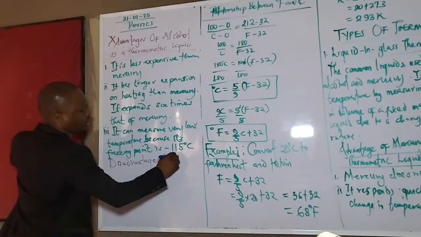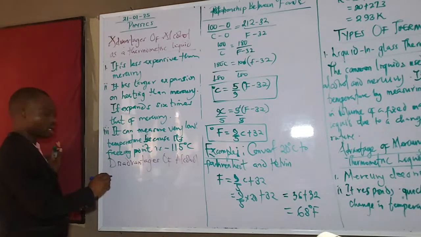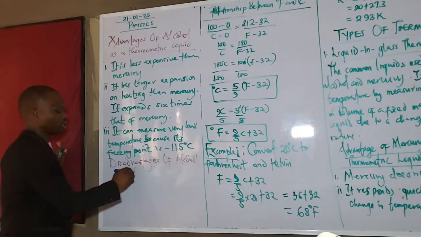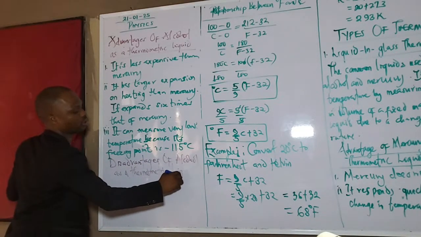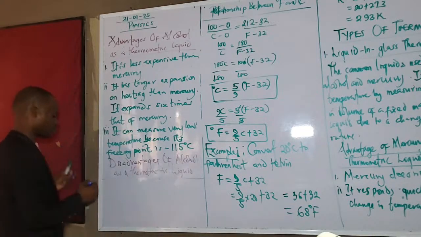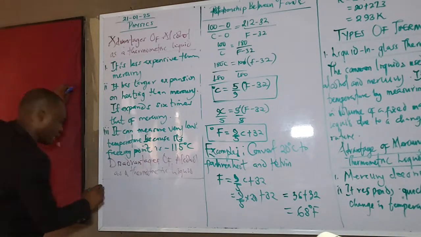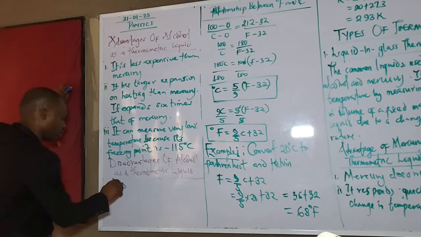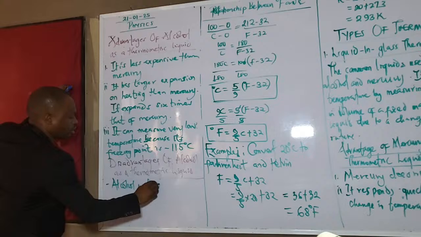So we also have disadvantages of alcohol as a thermometric liquid. Number one, alcohol wets glass, just as water does.